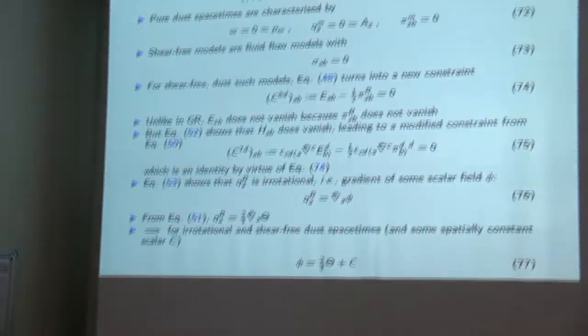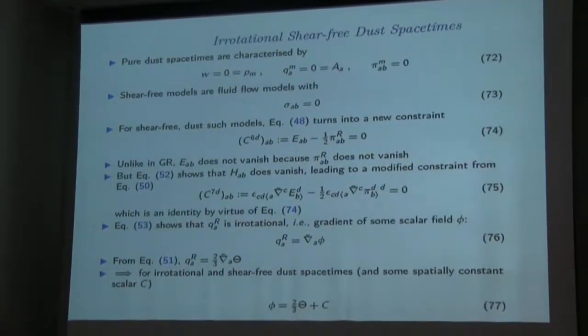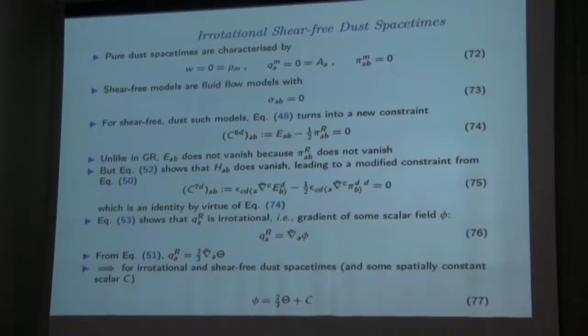So all the irrotational fluid models in f of R gravity are consistent. So to look for inconsistencies, one has to be more specific about what kind of irrotational models to look at. This is also the case in general relativity. If you turn the vorticity off, you don't get any inconsistencies, unlike the shear condition.